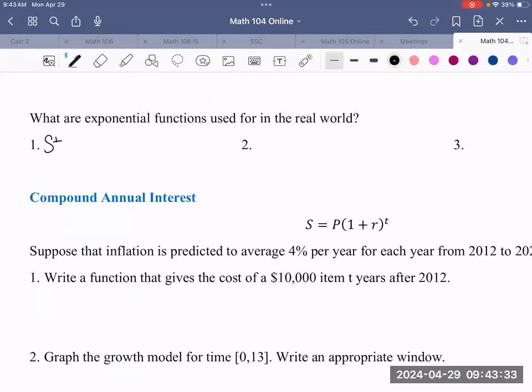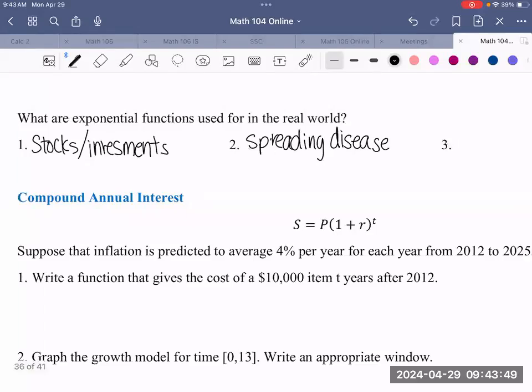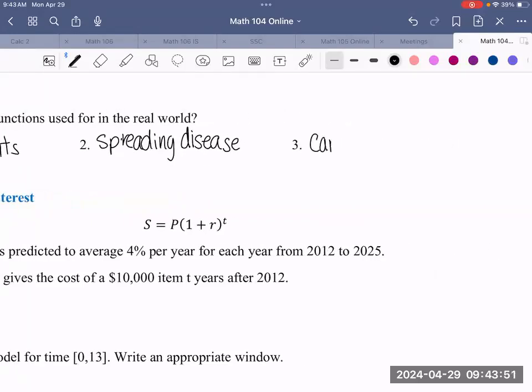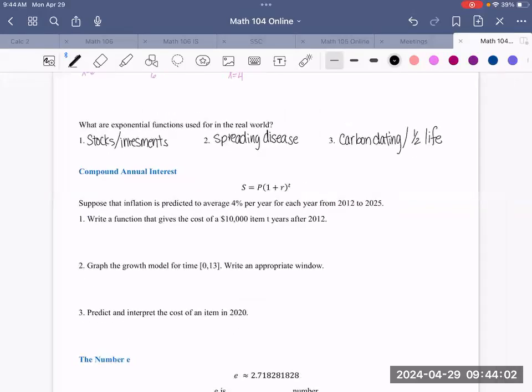Well, we can use them for stocks, investments, spreading of disease, carbon dating, half-life, and the list could go on. But these are some really good ones to get us started, and we'll be seeing a few of these different types of ideas here.